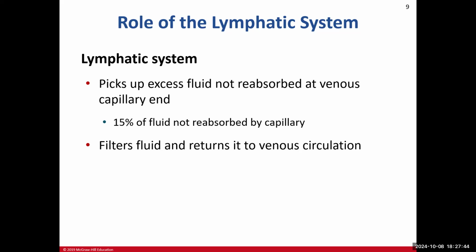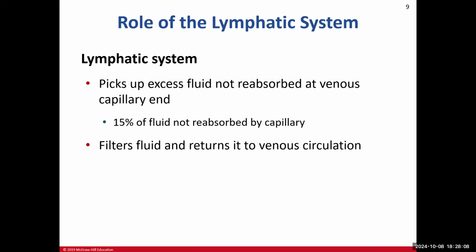All right, so a quick blurb about the lymphatic system, because since we are talking about fluid in the interstitial tissue space, I do need to mention it, and we'll talk more about it in lab. I want you to think of the lymphatic system as kind of like the sewer system, or like what we saw not too long ago with the storm that came through. It's the storm drain.